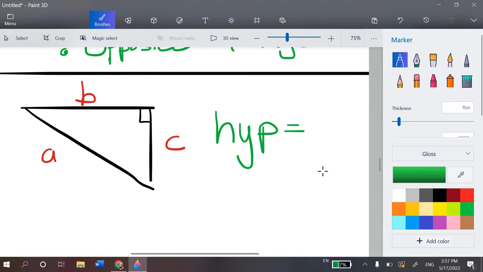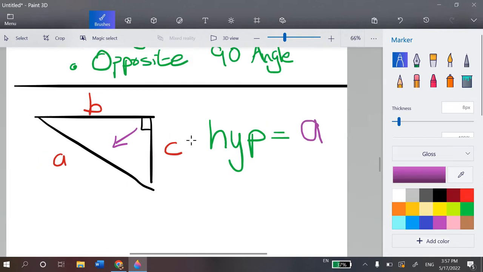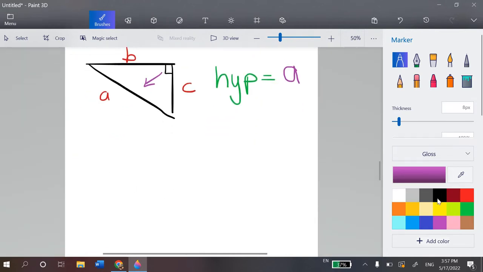HYP is the hypotenuse. Okay. So have a look. Everybody shout out, which side is the hypotenuse? We can look which is the longest side, or think opposite 90 degrees. Yes, good job. It is A. A is the hypotenuse. Let's look at another one.